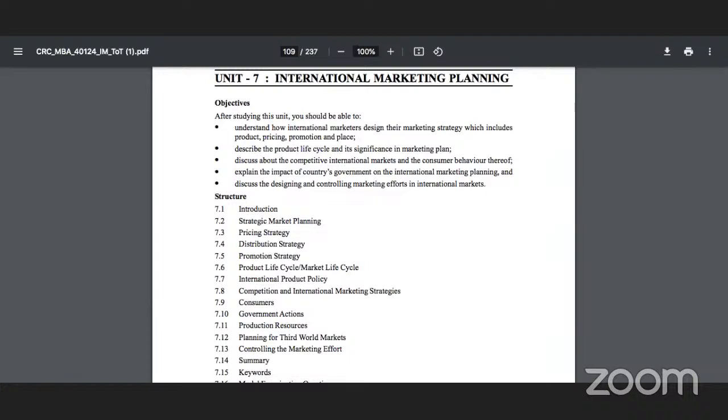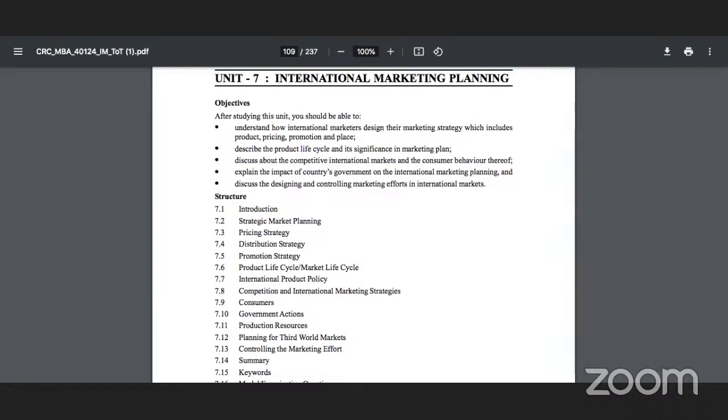And then the four P's of marketing, that is product, pricing, promotion, and place, will be followed by competitive international markets and the consumer behavior thereof. We'll also be looking at the impact of the government of that particular host country on the international marketing planning. And finally, we'll be discussing the designing and controlling of marketing efforts in international markets.